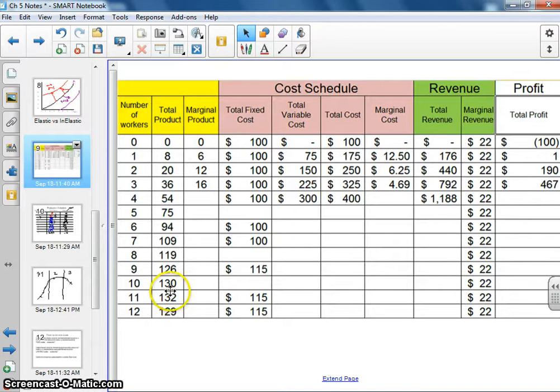Every worker is not made equally. In turn, when we start looking at our costs, not every worker is going to get paid the same. To make things simple, every worker is exactly the same. Every worker gets paid exactly the same, and it's simple. That isn't reality, but it's a simple way to start and look at how this works.